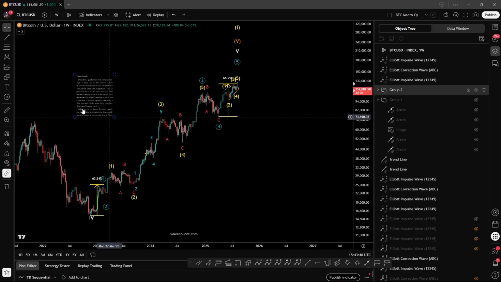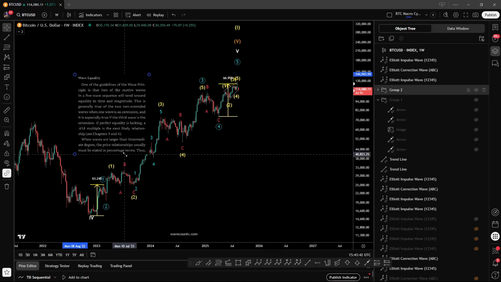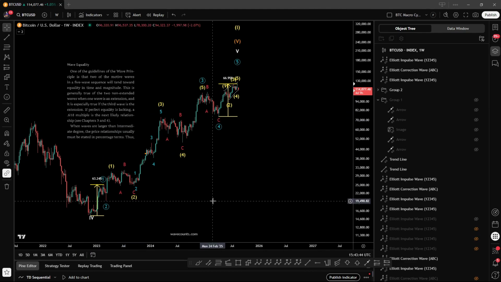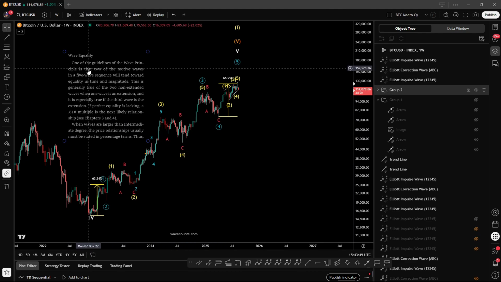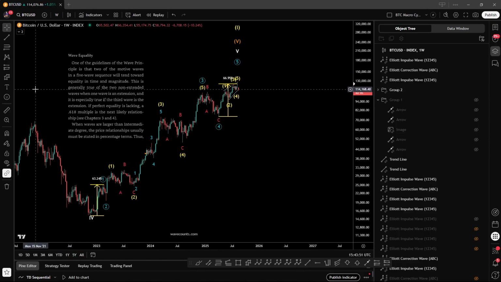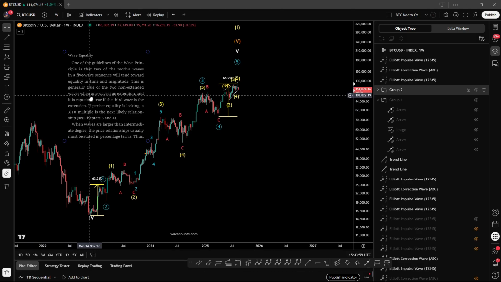But they're not. So now we have the guideline of equality, okay? Wave equality. It says one of the guidelines of the wave principle is that 2 of the motive waves in a 5-wave sequence will tend toward equality. This is generally true of the 2 non-extended waves when one wave is an extension.